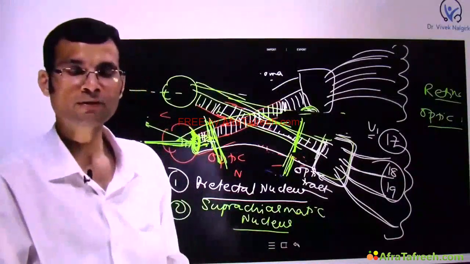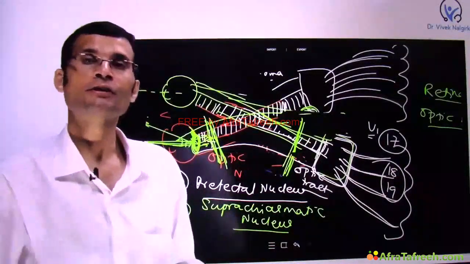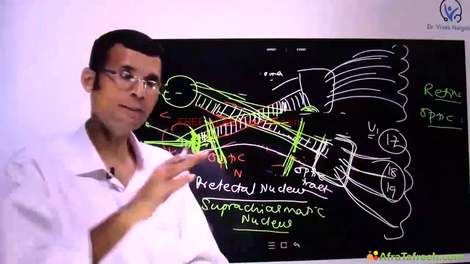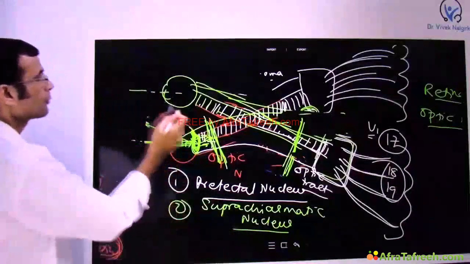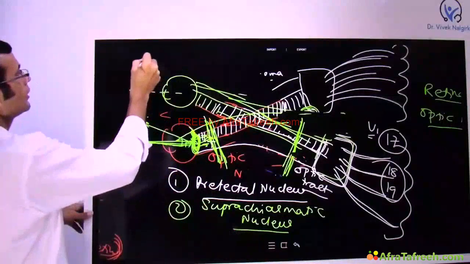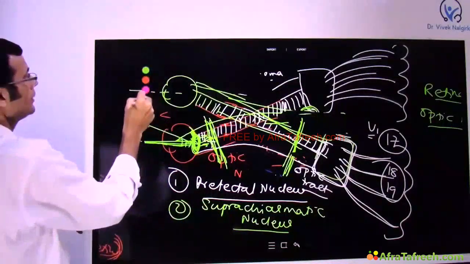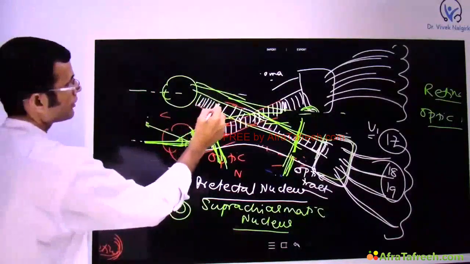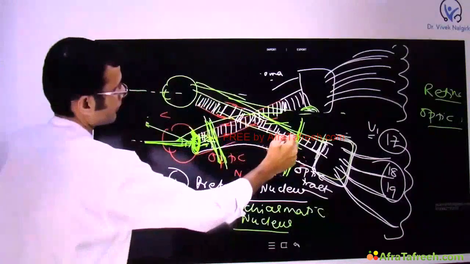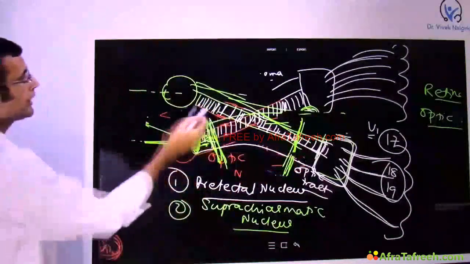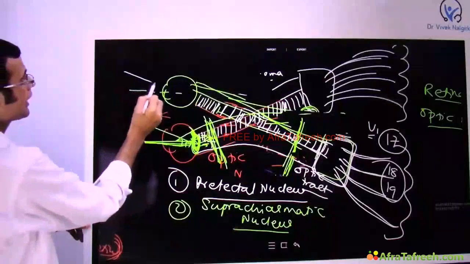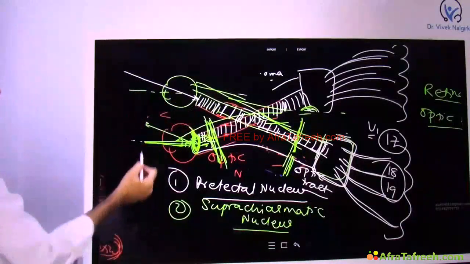And fibers coming from the lower field of vision fall on the upper retina. That is how the image gets inverted completely. So you can see here that these nasal fibers of the opposite eye, what were they carrying? They were carrying the temporal field of vision of that eye.